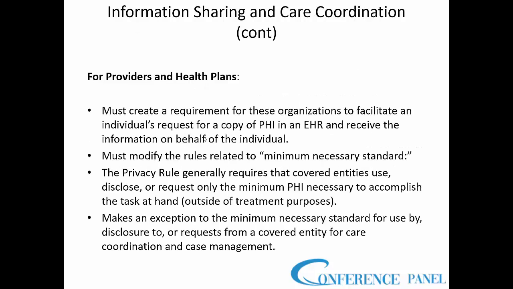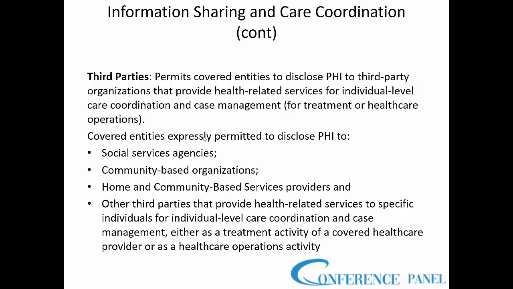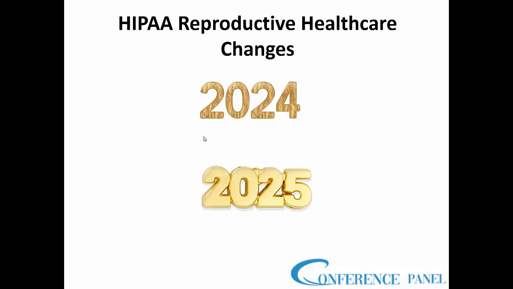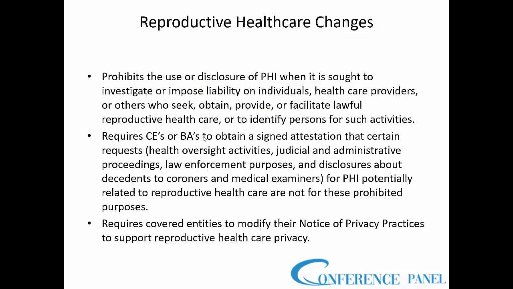There is a requirement to permit covered entities to disclose PHI to third-party organizations that provide health-related services, and to eliminate the need for the notice of privacy practices. By the way, for the reproductive health care changes, there has been an injunction in Texas in federal court, so these things are on hold temporarily.